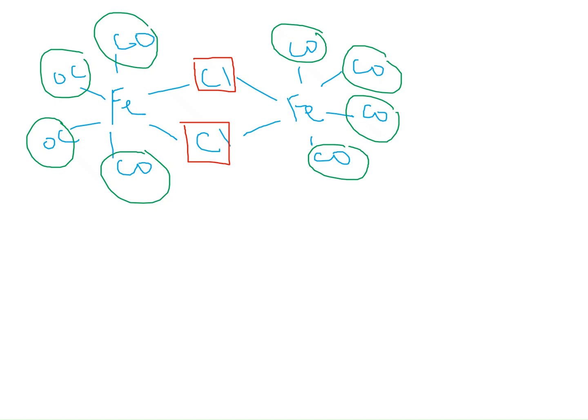When there is a bridge, it actually holds two things, so in this example, two metals. It can coordinate to more than two metals. If the ligand coordinates to only one metal, it is called a terminal ligand. This kind of ligand is called a bridging ligand.